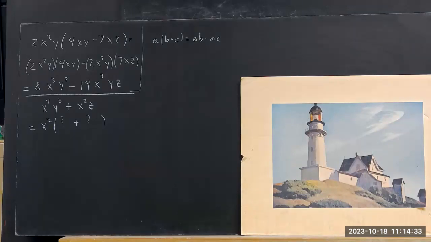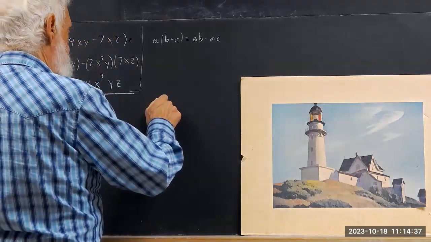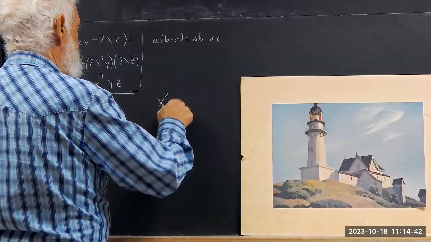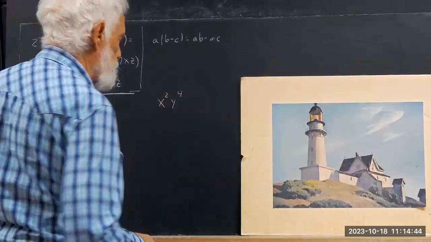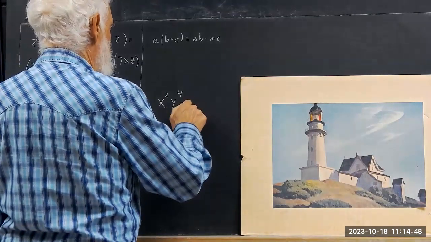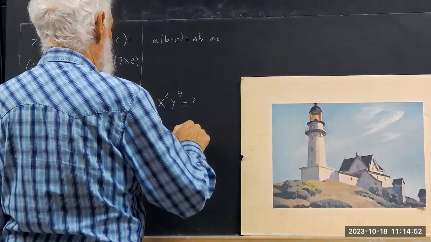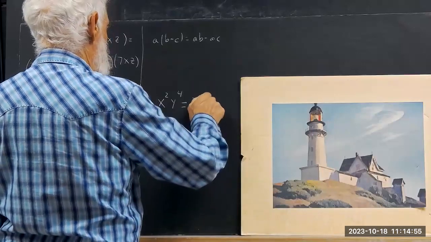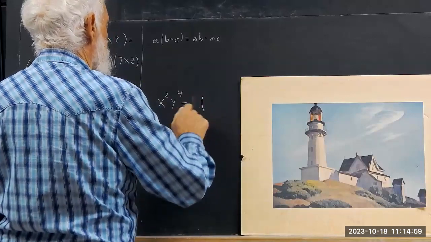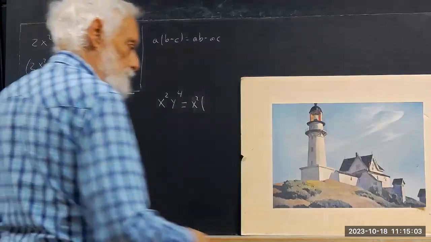Now some people might have a little trouble with that. Let's take one term. We've got x squared y to the fifth. What would you multiply by x squared y to the fourth? Sorry, that's not a good question.